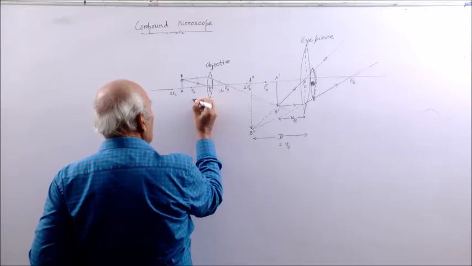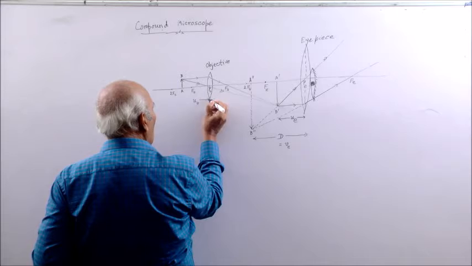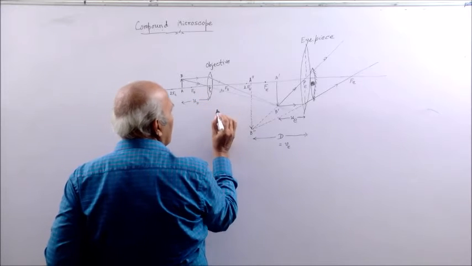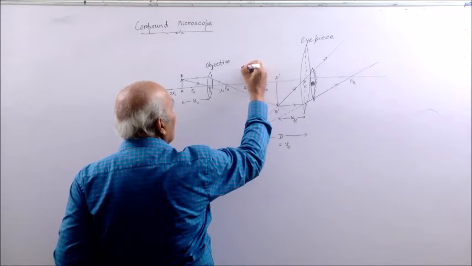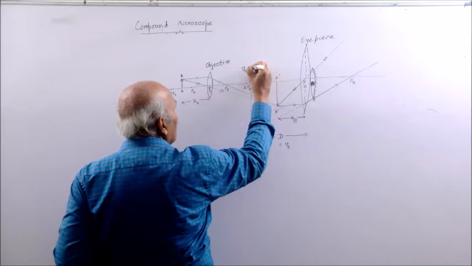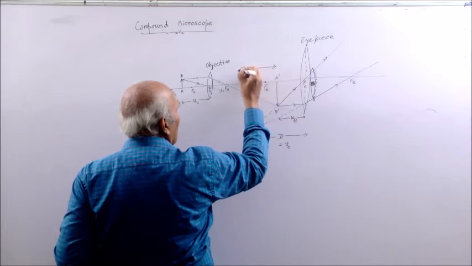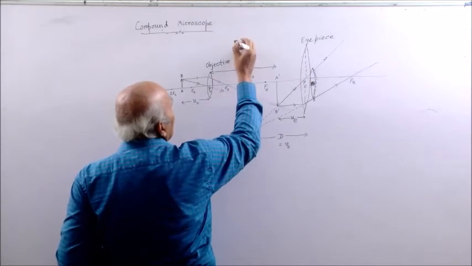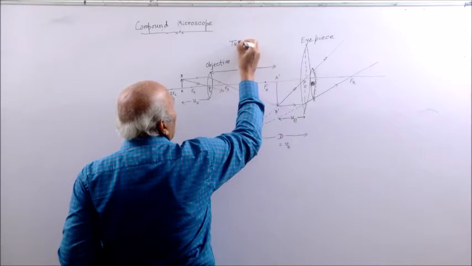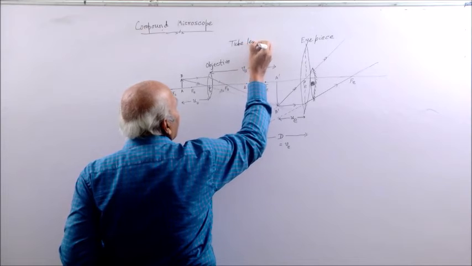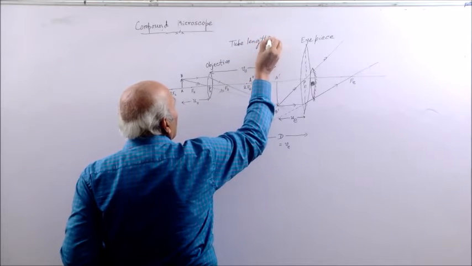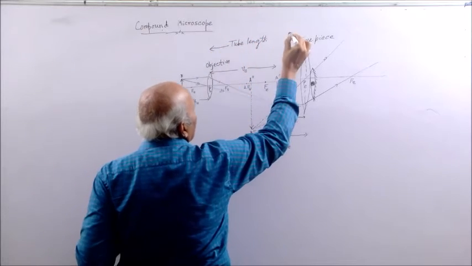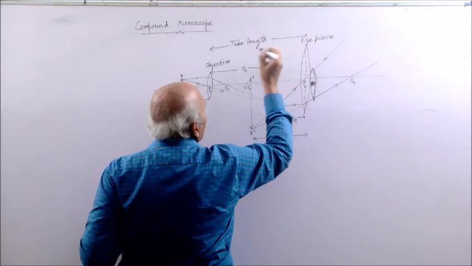And here it is UO. And the first image is formed at, say, VO. And the distance between the objective and the eyepiece is called tube length. Tube length is the distance between objective and eyepiece.